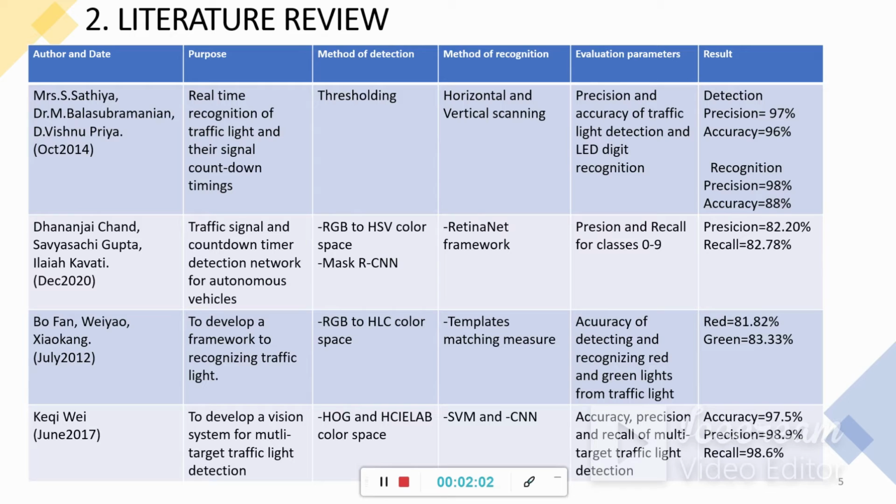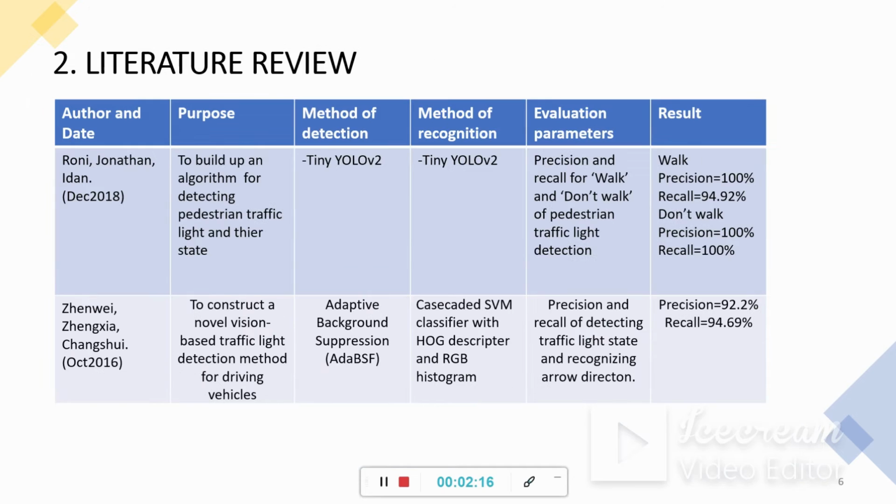For the fourth paper, accuracy, precision and recall of multi-target traffic light detection. As a result, accuracy 97.5, 98.9 and 98.6 respectively.